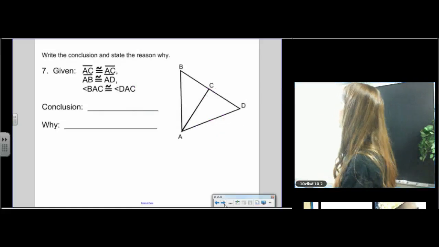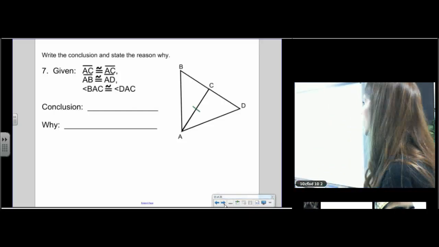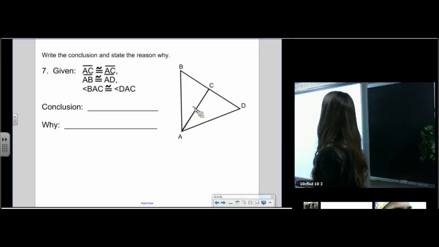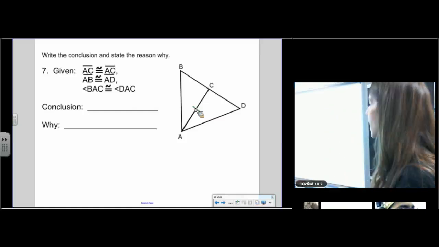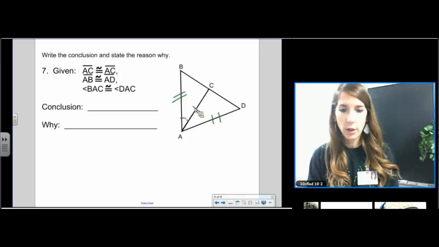Last one. Given AC is congruent to AC, AB is congruent to AD, and angle BAC is congruent to angle DAC, what can we conclude?